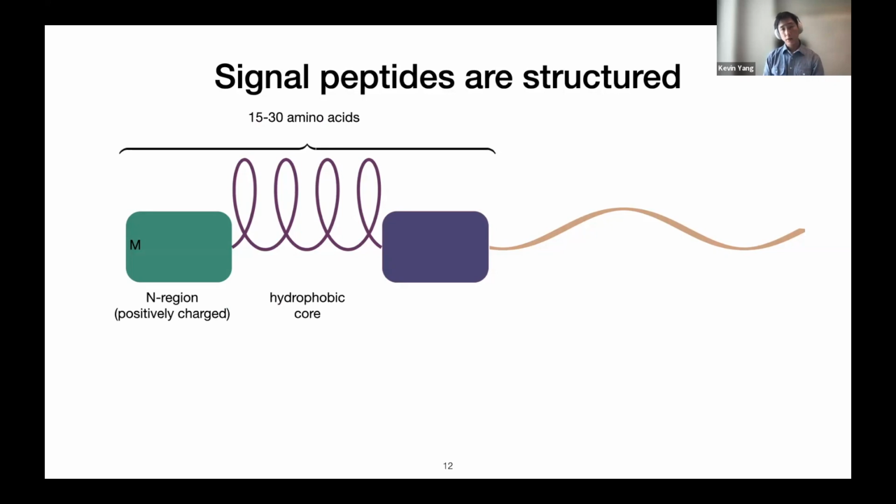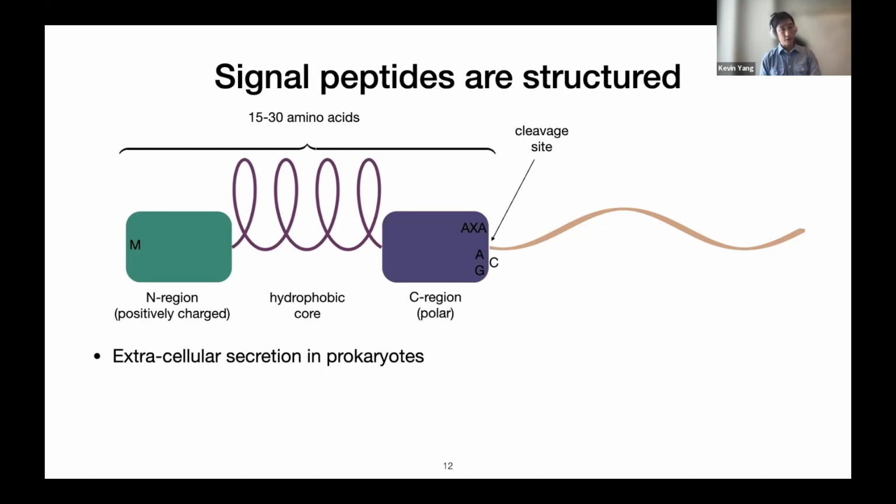There's a hydrophobic core, which often forms a helix. And there's a polar C-terminal region, often ending with one of a few common motifs, such as AXA, where X is any amino acid, or A or G followed by C, and then a cleavage site between it and the rest of the mature protein. And some more details are responsible for extracellular secretion in prokaryotes and secretion into the endoplasmic reticulum in eukaryotes.